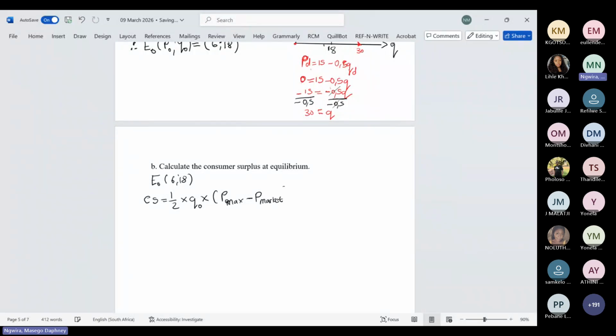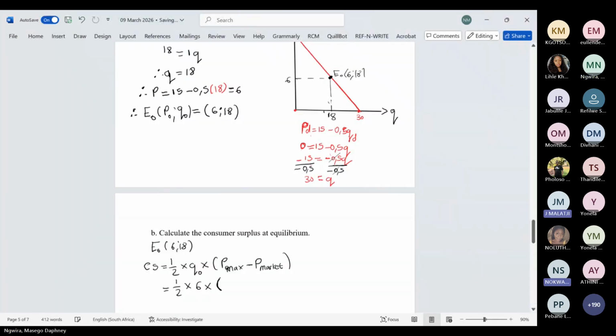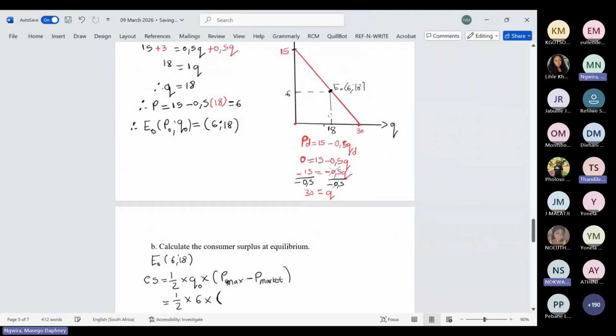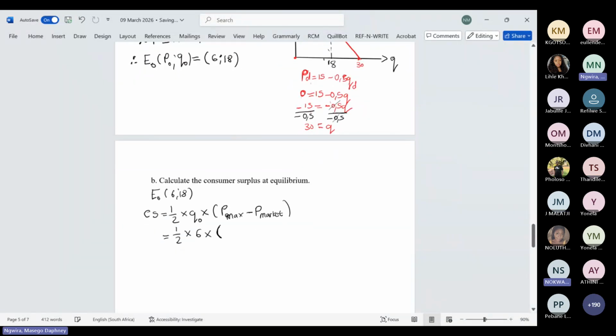So it's 1/2 times our Q naught. Quantity demanded at market price, it's 18. Q is 18.